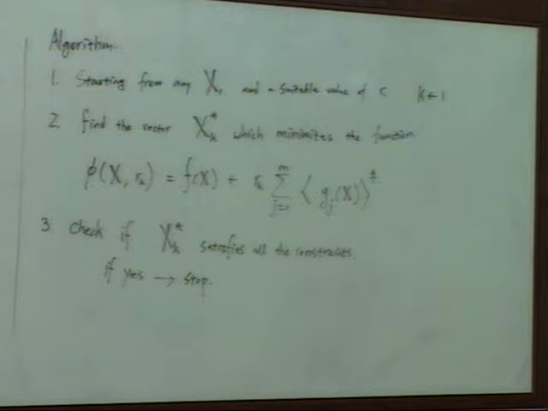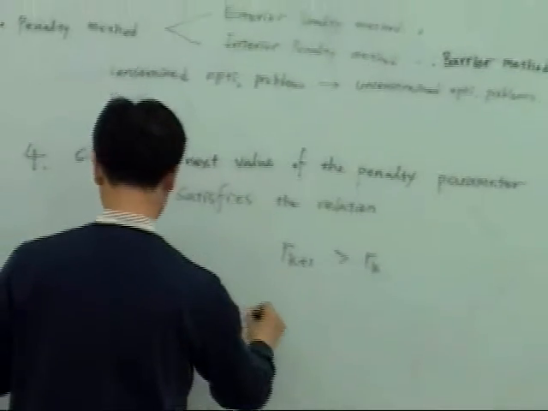Step number 4. If it's not inside of the feasible region, the next step is you choose a higher or greater value of penalty parameter, and then increase the counter and go to step 2.